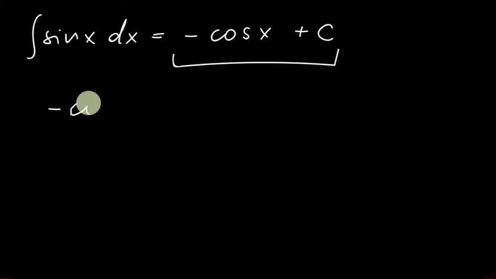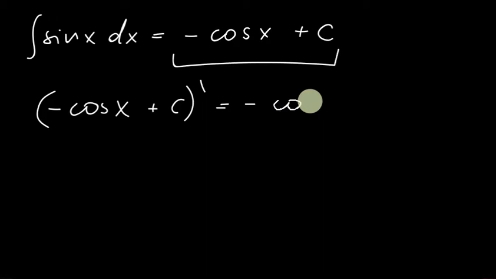So let's find the derivative of minus cosine of x plus c. We need to find the derivative of cosine of x. We can put this minus before the parentheses because it's a constant, multiply it to our function, plus a derivative of c, a constant.